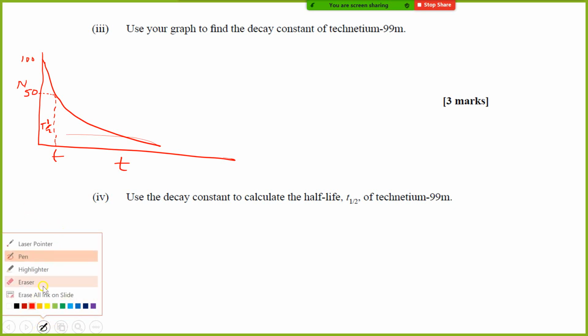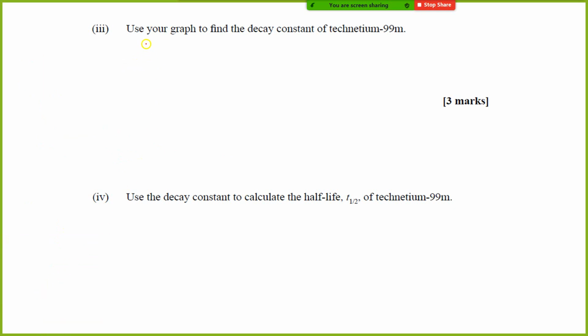We're not dealing with that at the moment. Now, they want us to use the graph to determine the decay constant. Remember that the decay constant is lambda. This is what we're trying to find. Just now I showed you an equation pertaining to activity: A is equal to A naught e raised to the decay constant multiplied by the time.